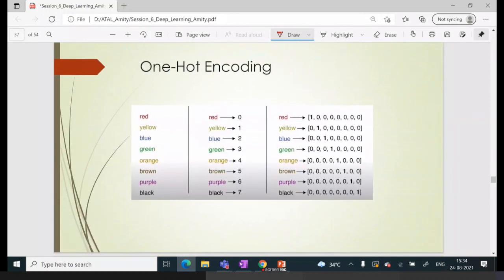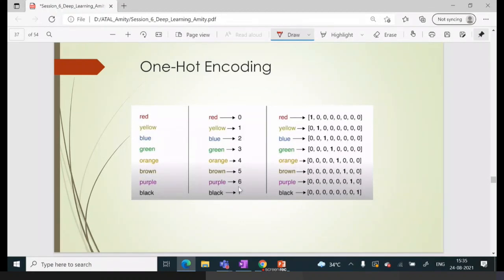So for example, I have written these 8 different colors, which were introduced by the Crayon company for the very first time. I'm going to assign different digits to each color, digit 0 to red and digit 7 to black. And let's say my answer for the given image is black.